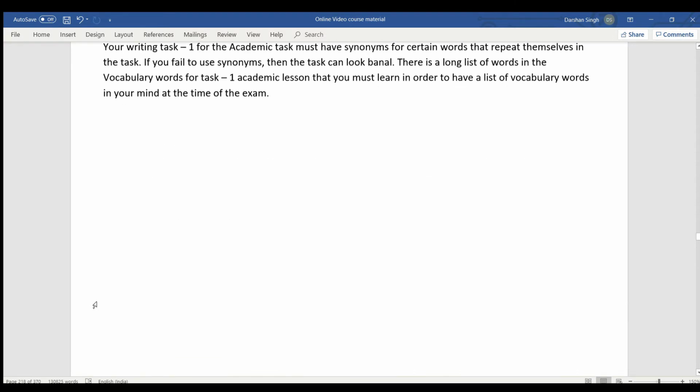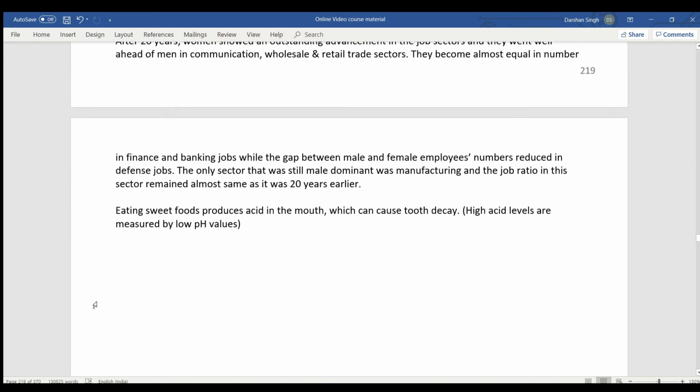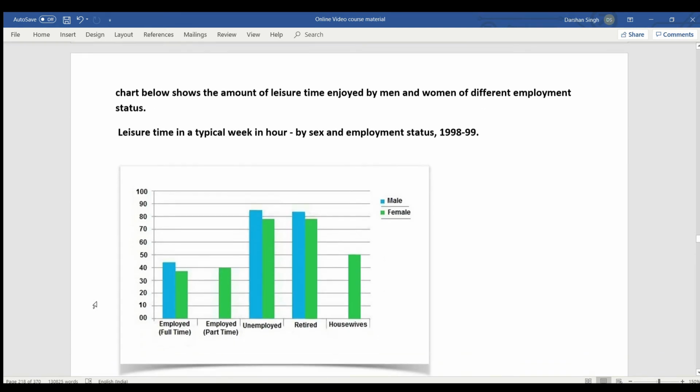Now I will discuss a small example with you according to this format. Now if you can clearly see, this is a bar chart in which we have a male and a female category, and on the left hand side this chart shows the leisure time spent by or enjoyed by men and women of different employment status.